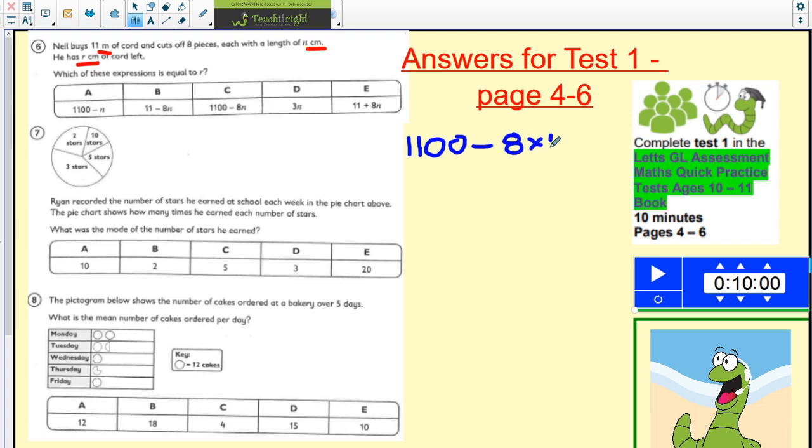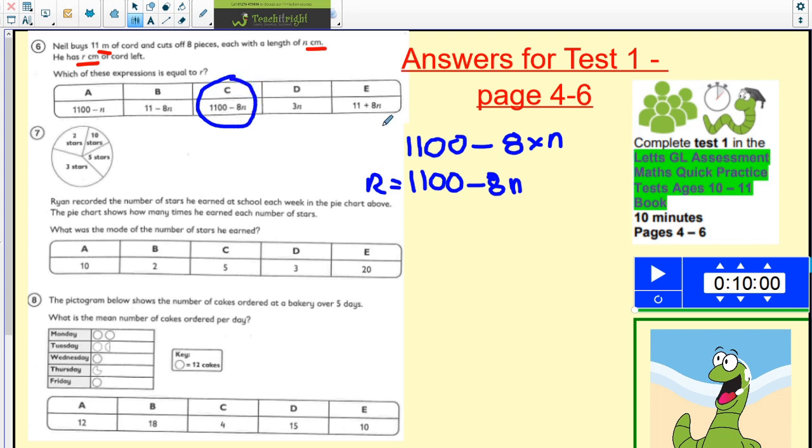We could write it as 8 times n, but remember, good algebra, we can actually get rid of that, so it's 8n. So final answer, r is going to be equal to the leftover bit, is 1,100 take away 8n. And that gives us an answer of C.